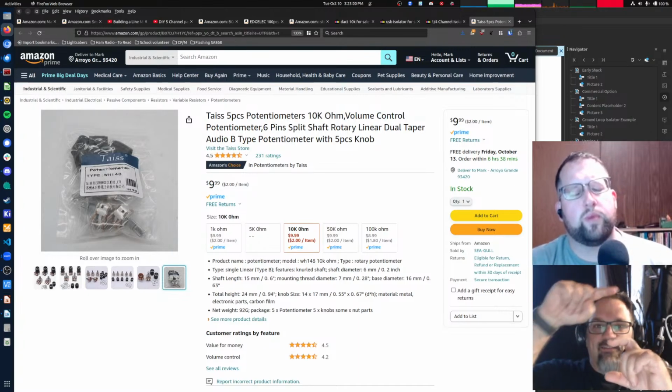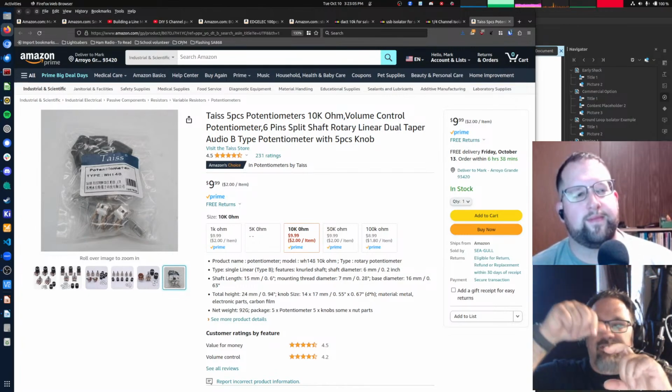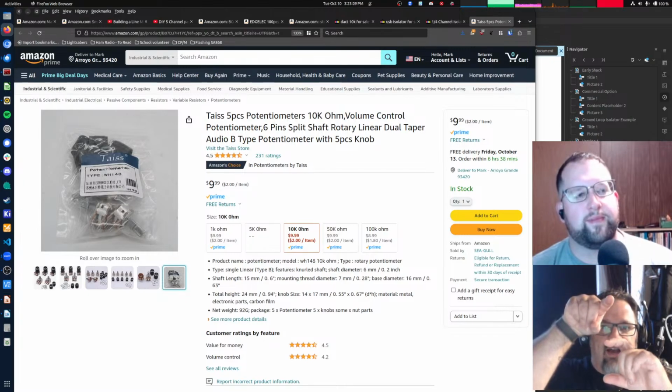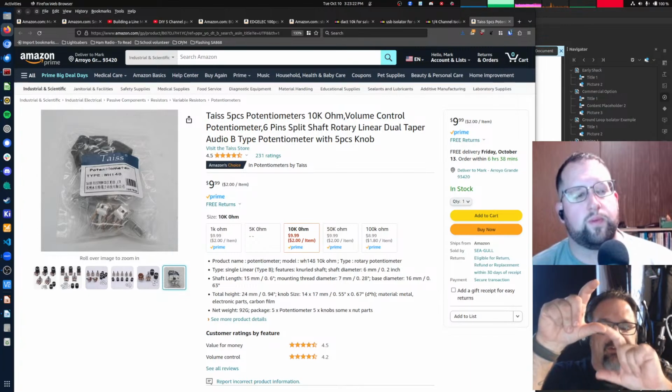So you've got your input coming in. Here, I'll try and do it reverse because all this stuff does backwards. You've got your input coming in, and then you've got some amount of resistance, then your output, then some more resistance, and then ground. So that's a resistor, your output, and then another resistor, and then ground.